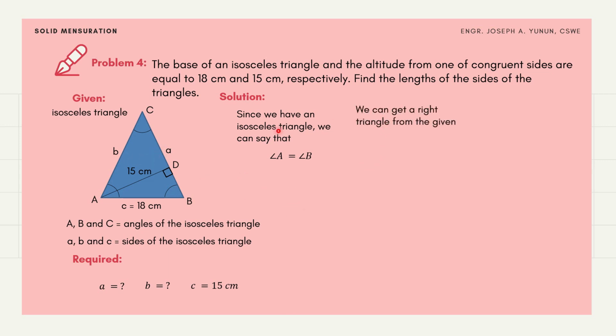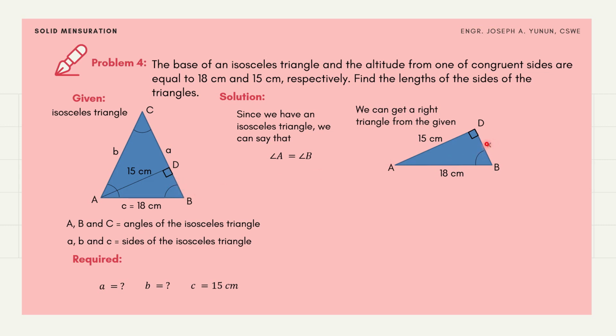So based on this given, we can get a right triangle. For this particular given, I'll just use A, B, and then D, triangle ABD. I have noted here side BD, from this part here, is represented as side x.